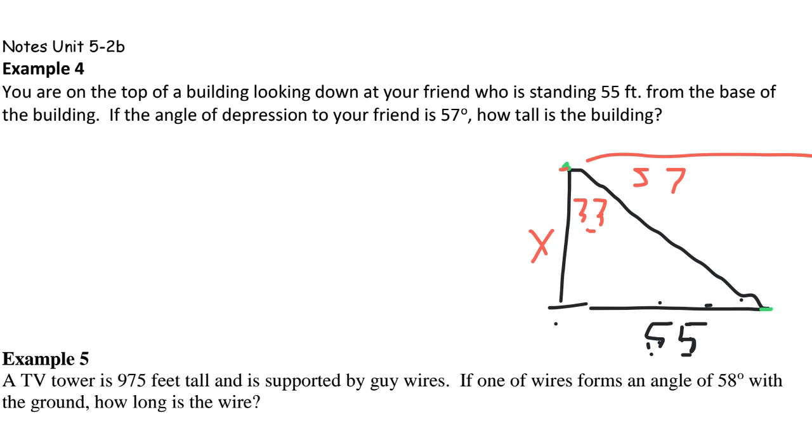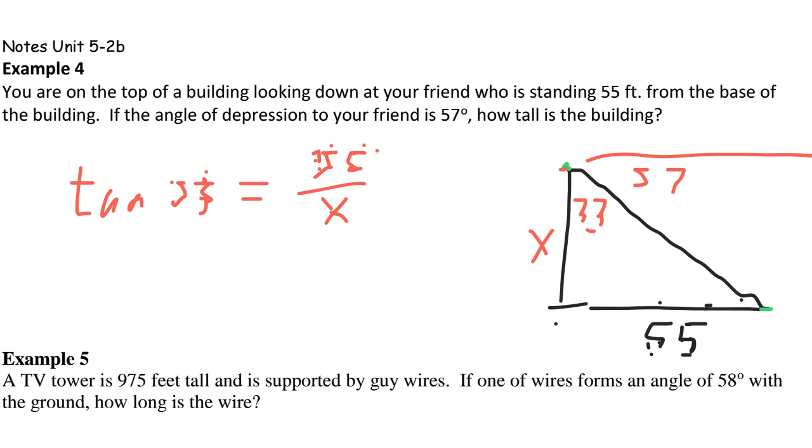So again, we've got a tangent, opposite over adjacent. So the tangent of 33 is 55 over x.